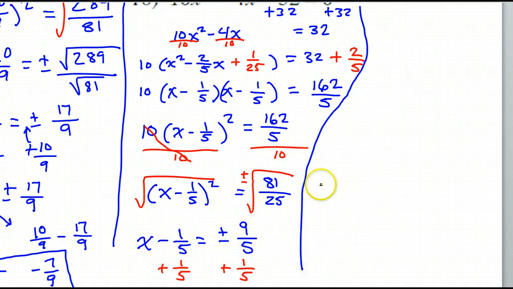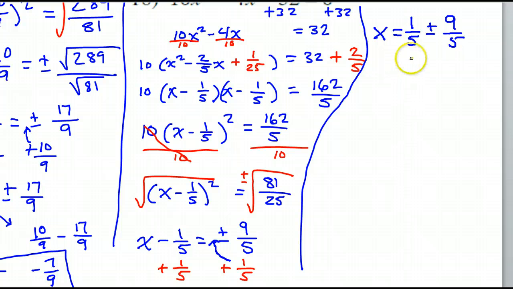So what I have is x equals, these are gone. Remember how we put this in the front. So I'm going to put this 1/5 in the front. So I've got 1/5 plus or minus 9/5.